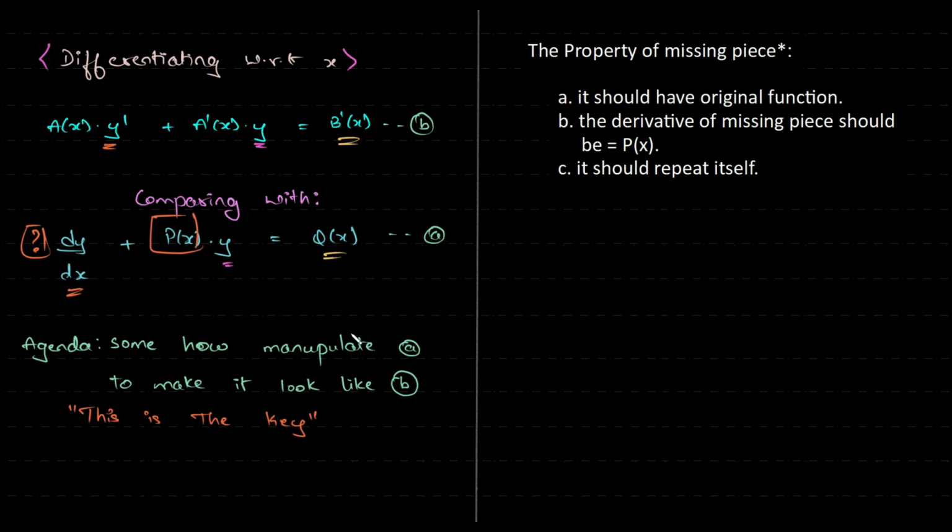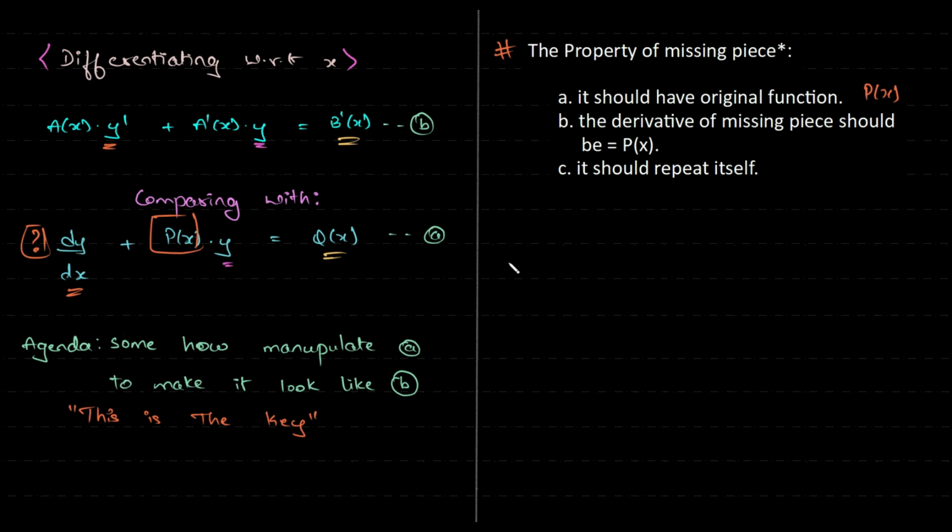Okay guys, the missing value, if you observe, has some property. It should have the original function, that is p of x. The derivative of this missing piece should be equal to p of x into something actually. When I differentiate this, I should get p of x.